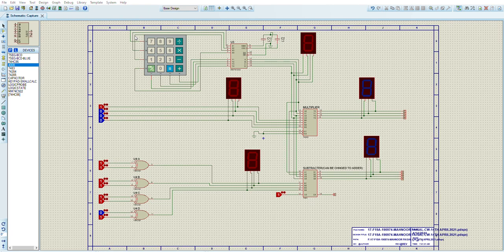There's also this one as well, so you can see the difference over here. So this one is 74283, and the one we are using is 7483.